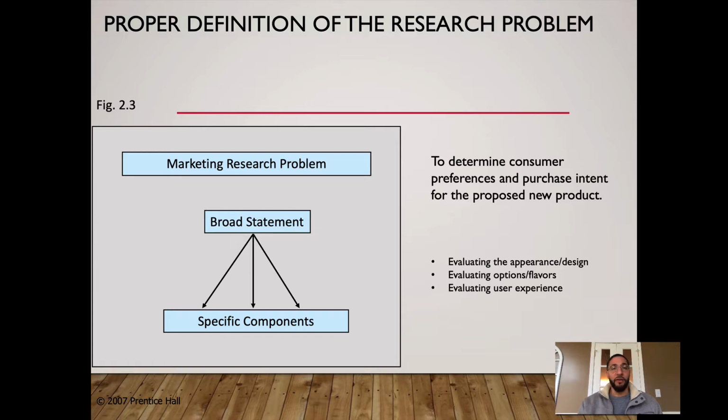Well, we're going to need to evaluate and understand the user experience, the appearance, the design, the different options of the phone, the usability, how simple or difficult it is to use the device. So it's going to be things like that. So we're taking this larger objective of understanding the preference and purchase intent for a new product and bringing it down into these different smaller components that we need to understand to say, yes, we think this product's going to be successful in the marketplace.